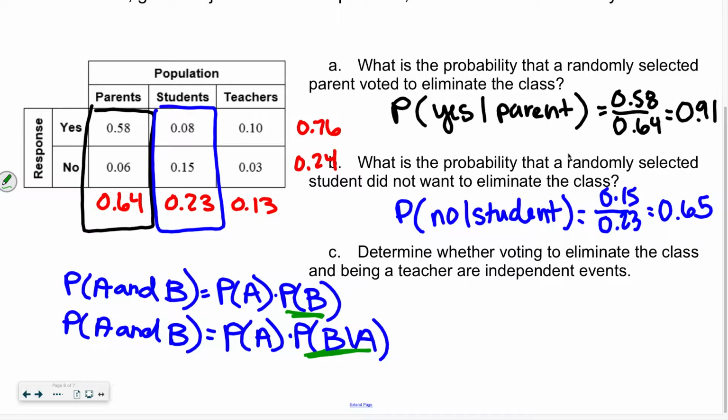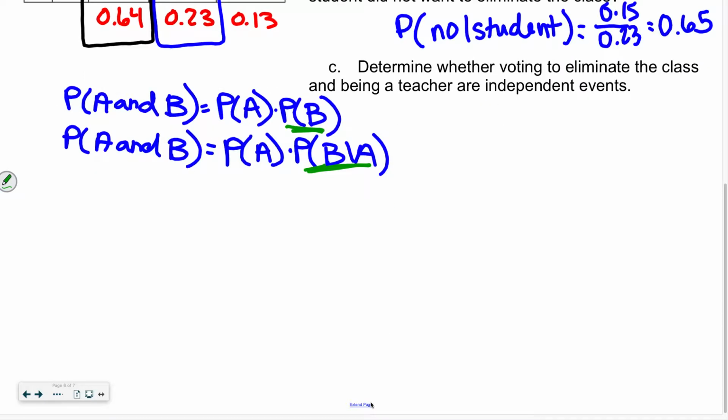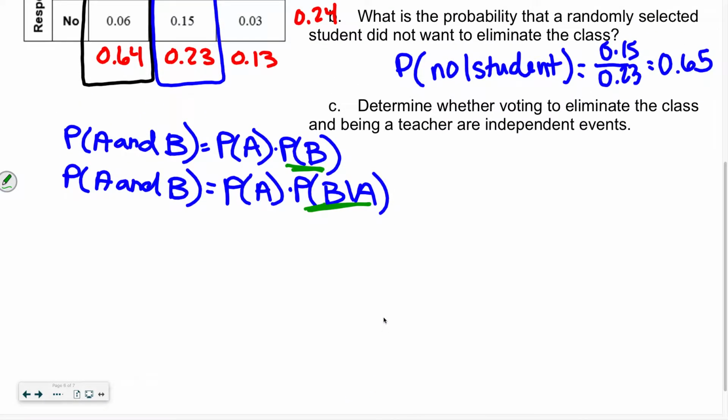So if we want to know whether voting to eliminate the class and being a teacher are independent, then we want to see, is the probability of voting yes the same as the probability of voting yes given that you're a teacher?